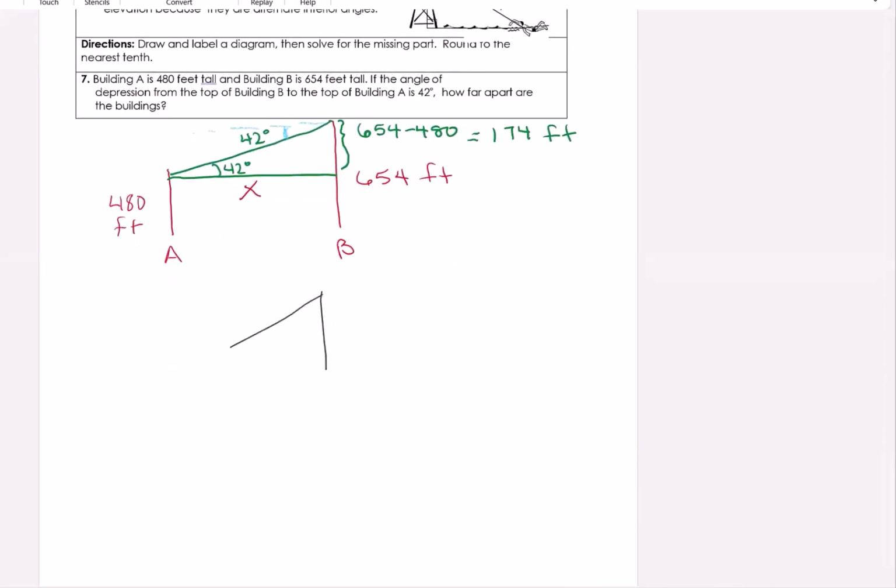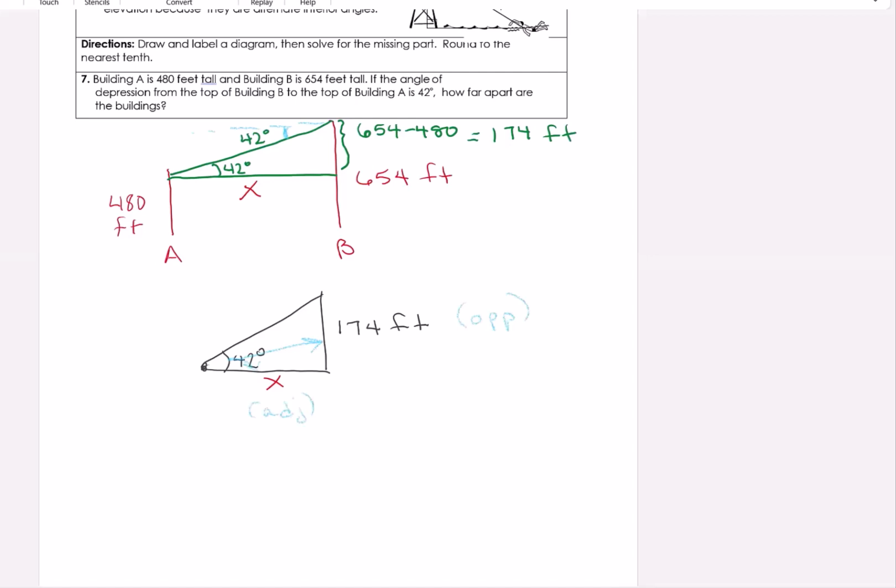We can redraw a triangle if we want. Maybe we'll do that to make it less confusing. I have an angle here of 42 degrees. I have a height here of 174 feet. I want to find X. If I'm standing here, my opposite is across. My adjacent is next to.